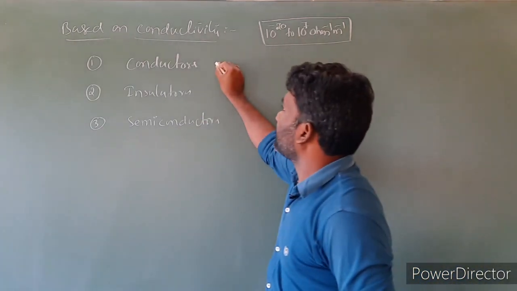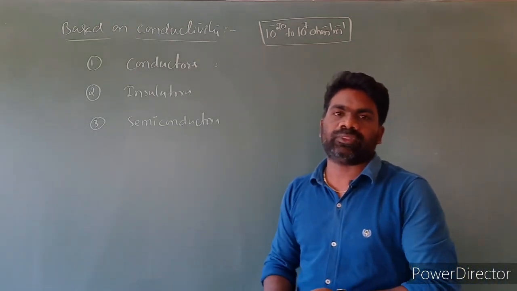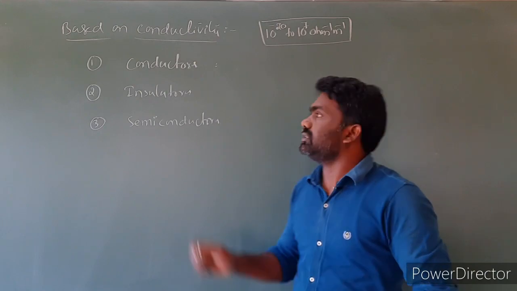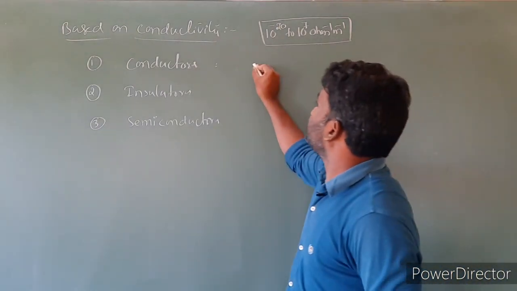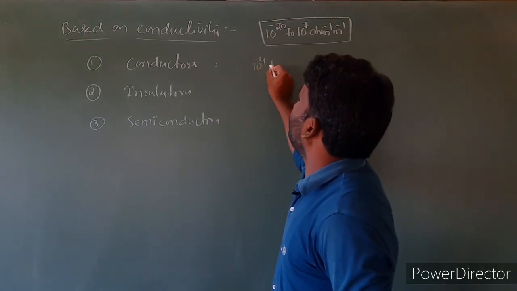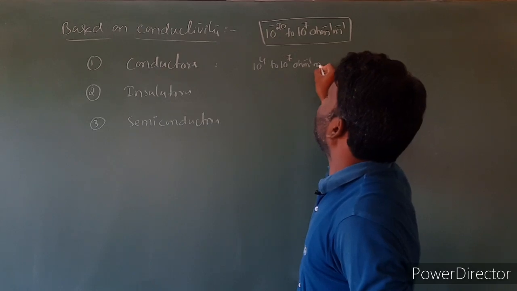The first one, conductor. The conductor is defined as the solids with conductivity ranging between 10 power 4 to 10 power 7 ohm inverse meter inverse.